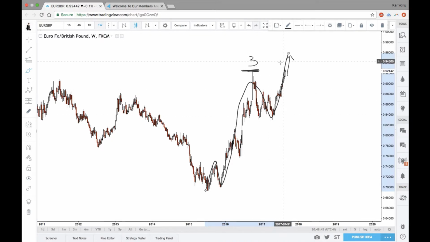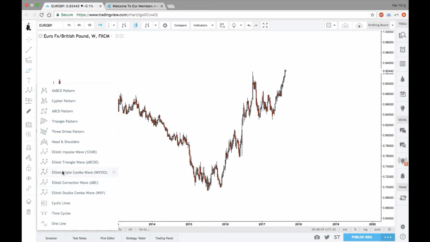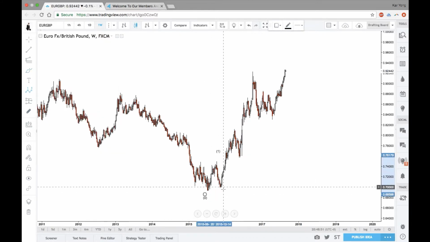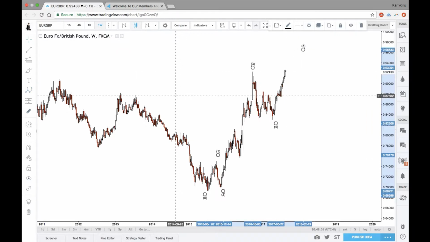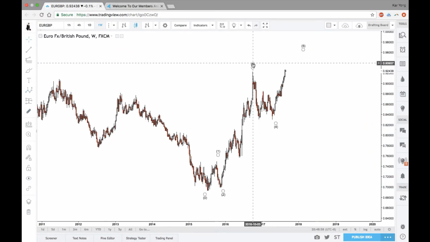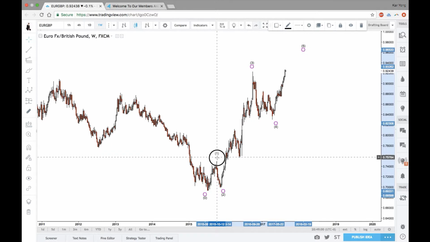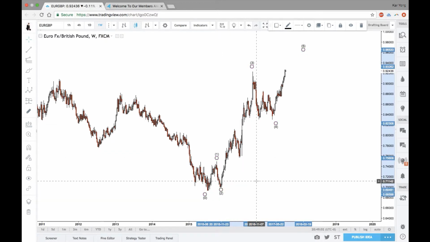If this is your forecast, I refresh and put in the labeling: this is 1, 2, 3, 4, and then you're expecting 5 up, right? That's why Elliott wave people say it's very subjective, but you need to understand impulse and correction to give you a more objective way of labeling it.